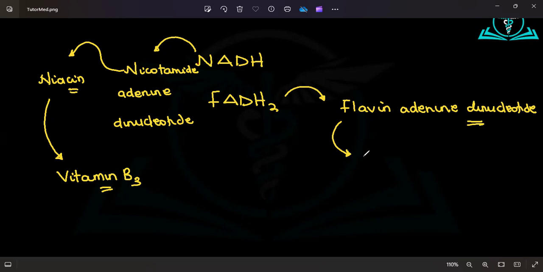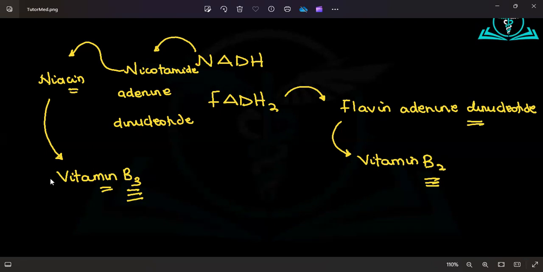Be confident. Vitamin B2. Yes, because vitamin B2 is riboflavin, isn't it? So please take note of the vitamins that are needed. Vitamin B2 and vitamin B3. Take note of that. Vitamins required in the TCA cycle. Vitamin B3, vitamin B2. There are others, but I'll talk about them later.